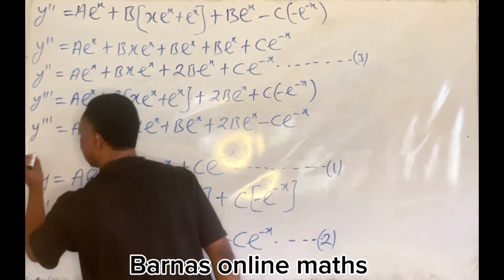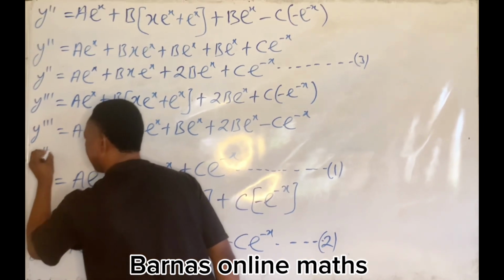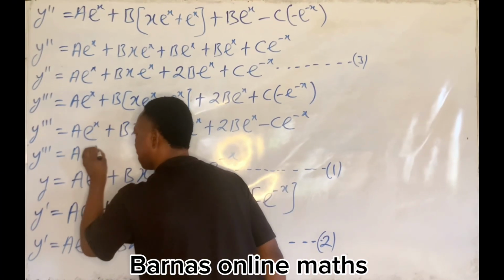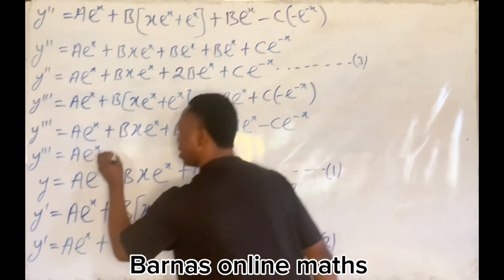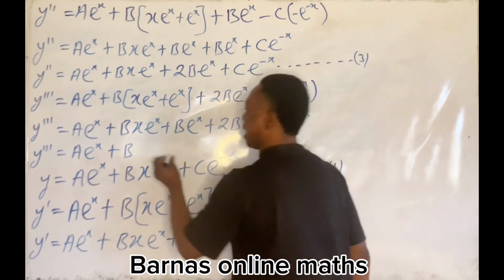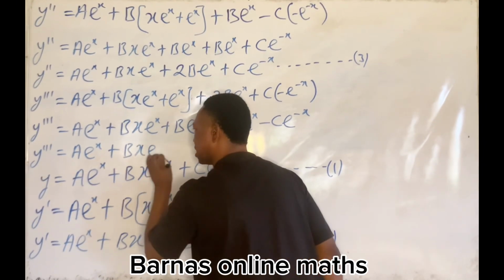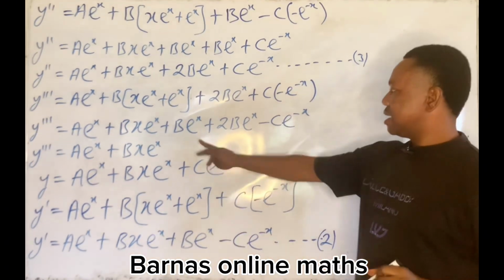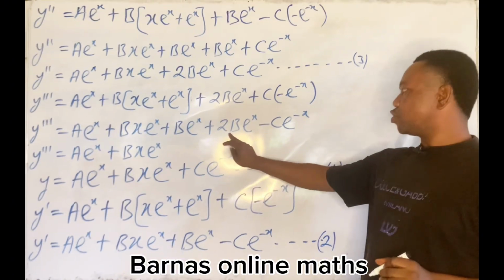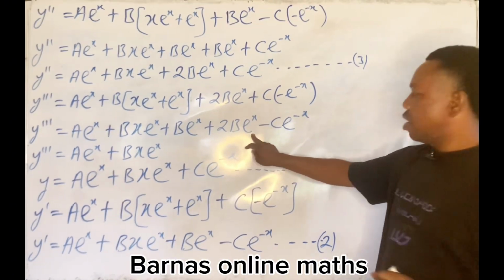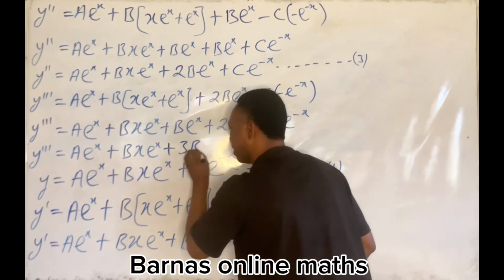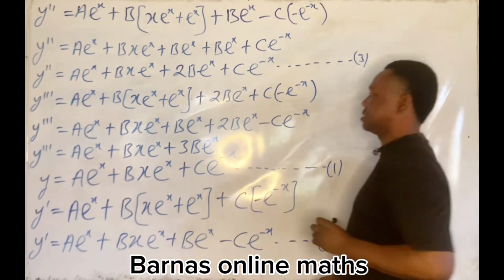Therefore, we now have that y prime prime prime now becomes a e to the power x plus b x e to the power x. Then b e to the power x plus 2b e to the power x will give us plus 3b e to the power x.